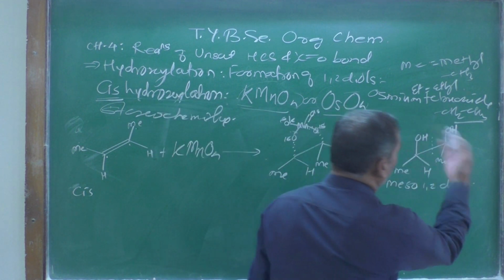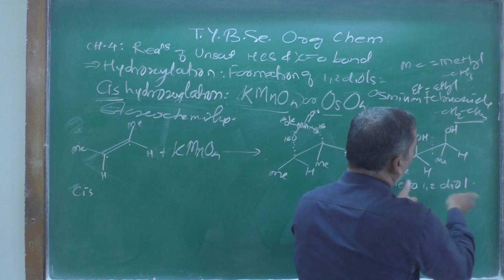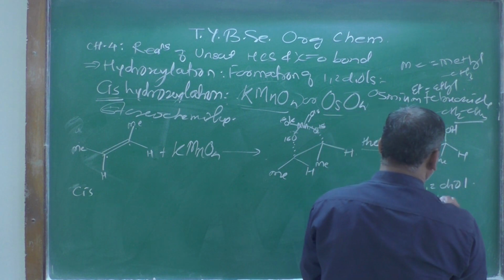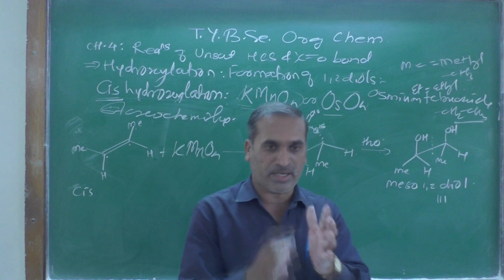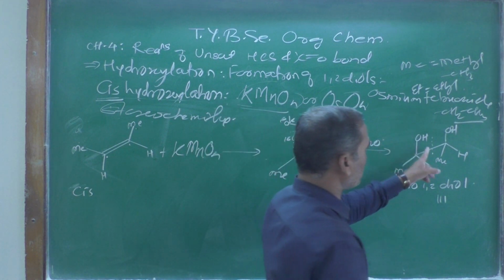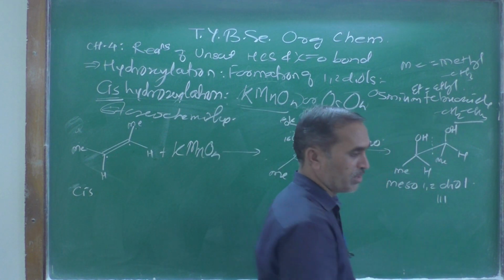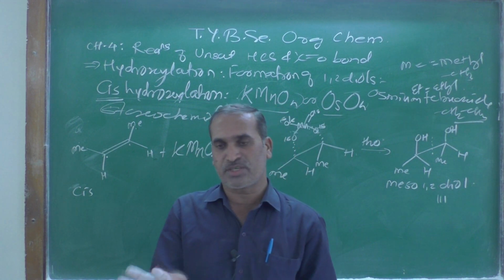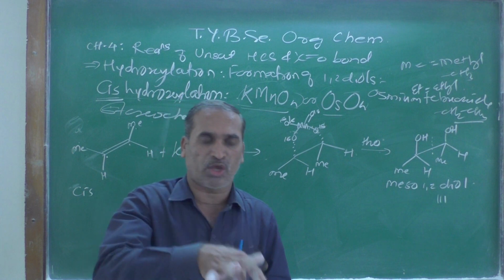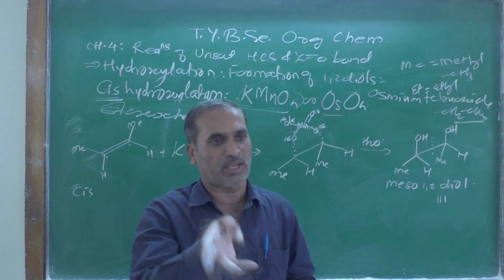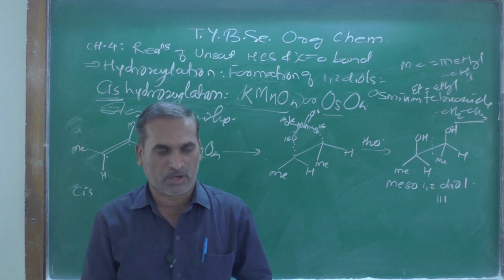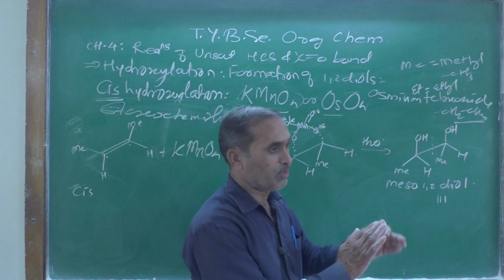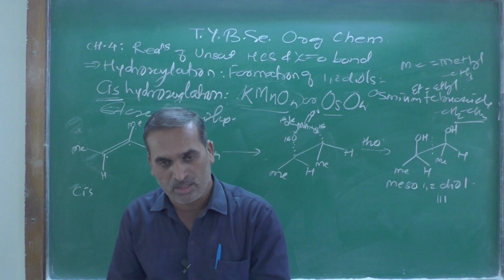If you convert this Sawhorse formula into a 3-line equivalent, because as we know there are 4 conventional ways to represent an organic molecule while studying the 3-dimensional structure of organic compounds, we can convert one compound into another form.